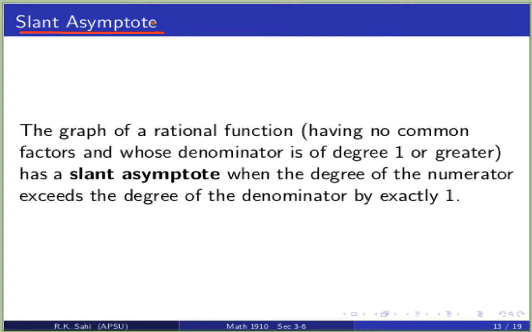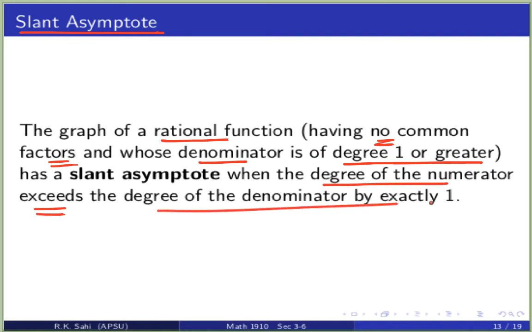A slant asymptote occurs for the graph of a rational function, a very specific kind, where there are no common factors and whose numerator's degree exceeds the degree of the denominator by exactly 1.